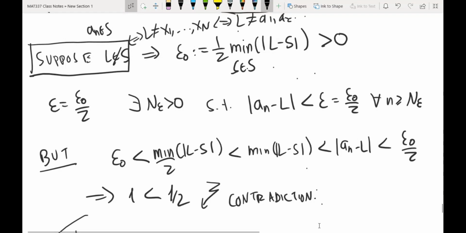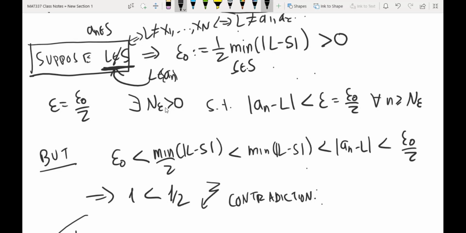You're right. But if L is in AN, there shouldn't be a contradiction, right? I think yes, it is, because again, remember, we suppose that L is not in S. So if you somehow show that L is in AN, then you contradict what we assumed.